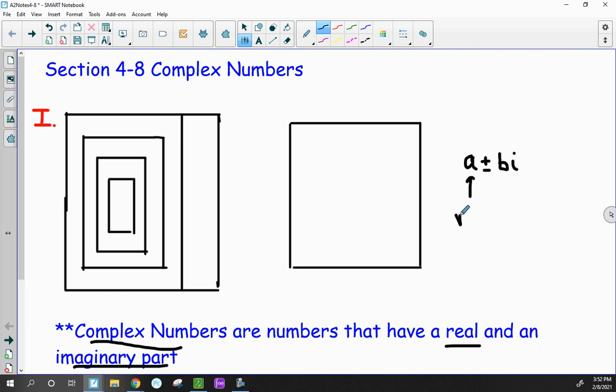This is real, so it can be any real number, any number that you're used to seeing. And then the bi part is the imaginary part. Imaginary numbers always have a lowercase i attached. When you put an imaginary number with a real number and put a plus or a minus sign between them, that's called complex.